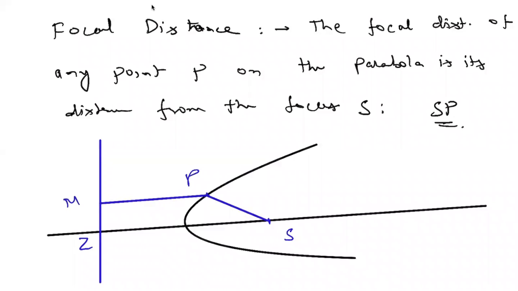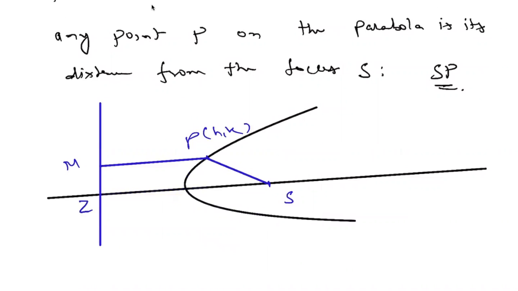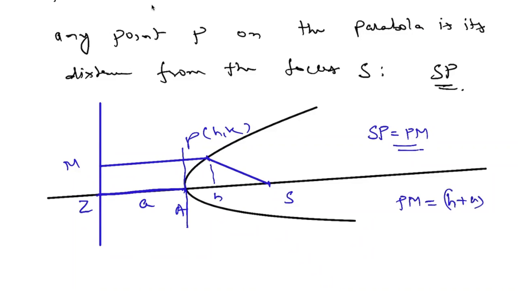A point P is given as h comma k. By definition, SP is equal to PM. If this is the vertex, we know that ZA is the same as a, and let this be the point H. So PM is nothing but h plus a.